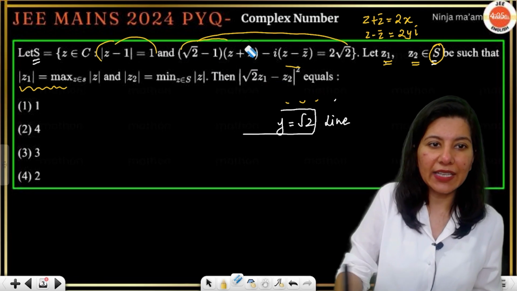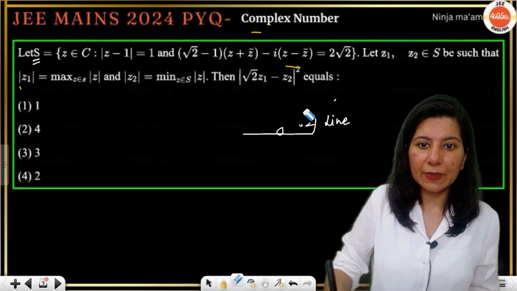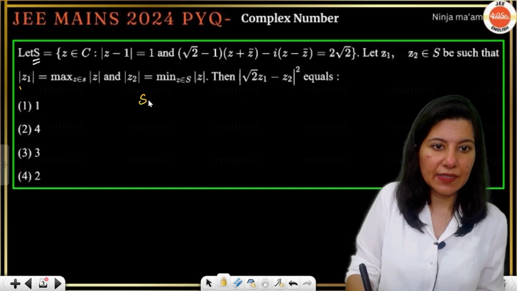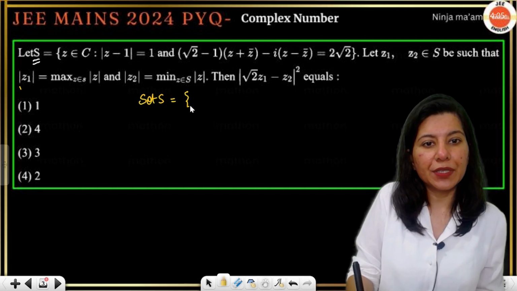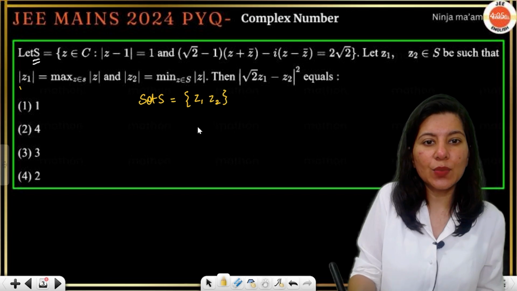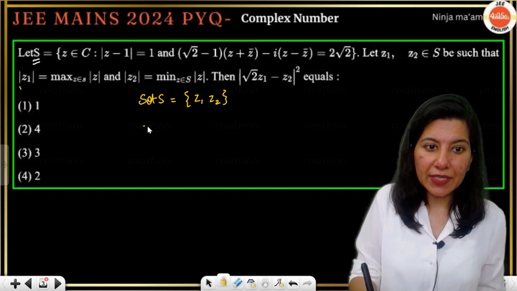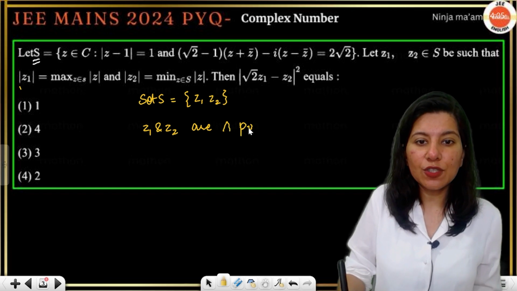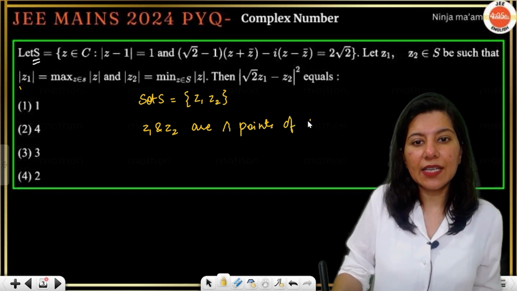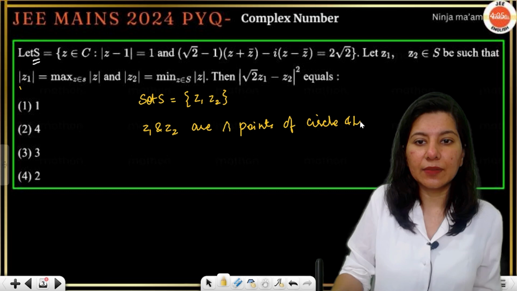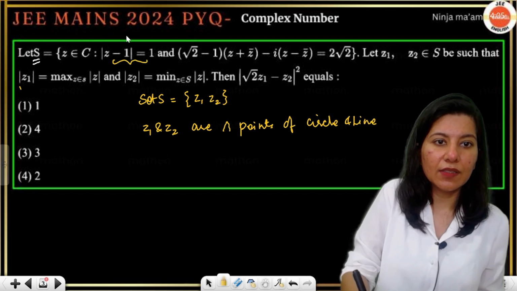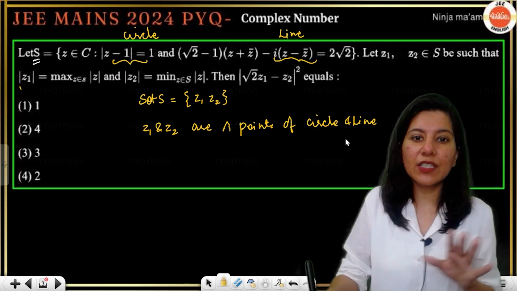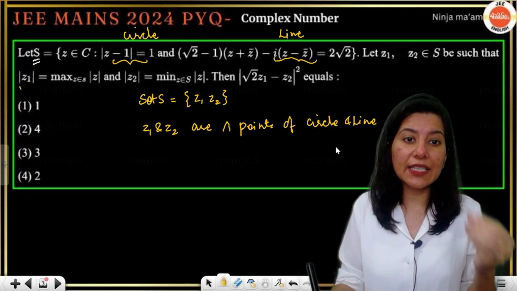Now let me just write down nicely that set S will have 2 points, Z1, Z2, in such a way that both the points Z1 and Z2 are intersection points of circle and line. This is your circle and this is your line. So we just need to solve circle and line and check what Z1 and Z2 we are getting.